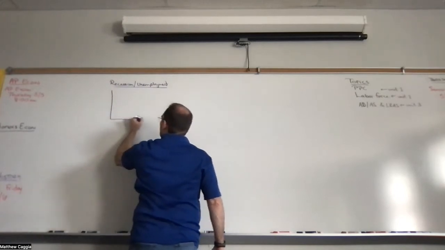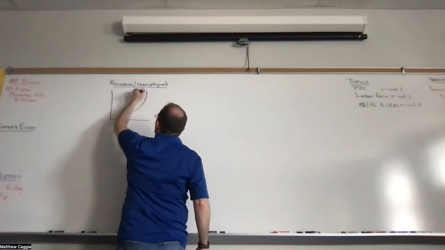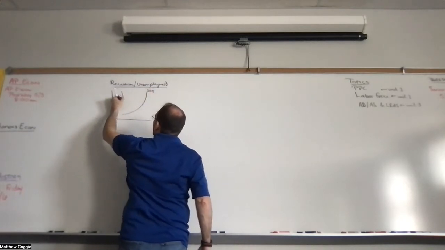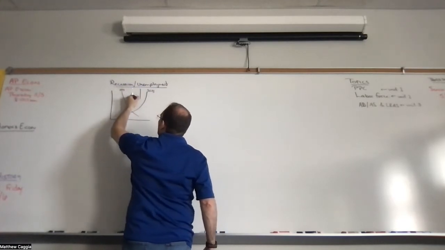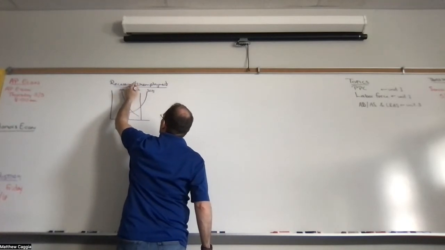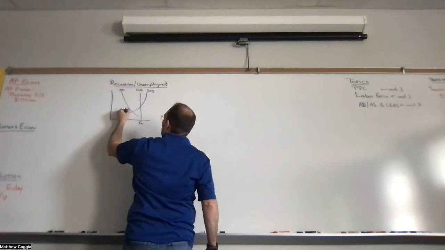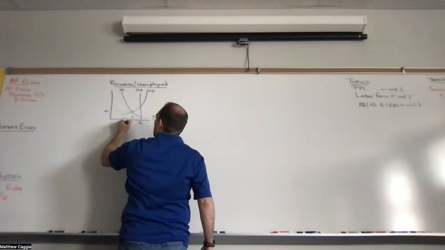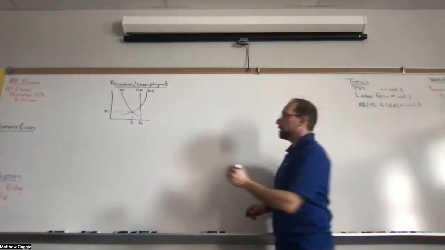Let me draw it a little smaller here so I have enough room to add some things. My short run aggregate supply, my aggregate demand, and here's my long run aggregate supply at full employment. Here's the price level, and there's our output. So we are in a recession.